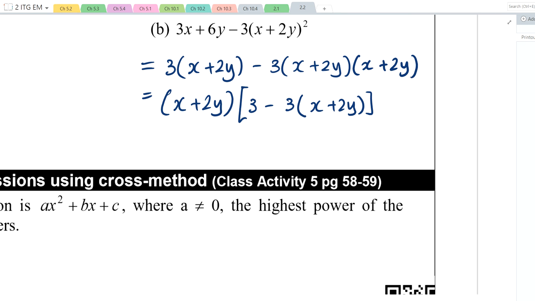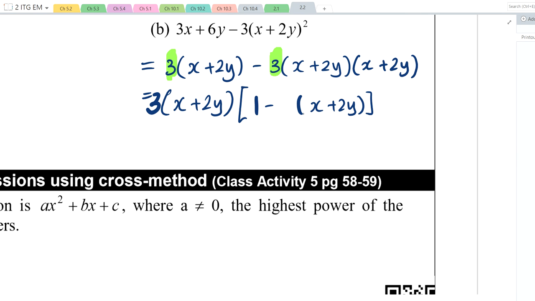Is there anything else to factorize? I heard the answer already. Can you say it loudly? 3. Isn't 3 a common factor as well? Look, we've got this 3 over here and this 3 over here. Aren't they also common factors? So I could have factorized it out together. I could have placed the 3 over here. Then this would have been 1. Agree?